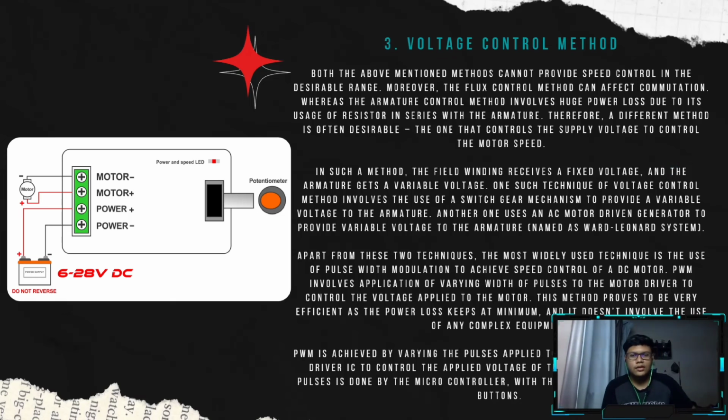In such a method, the field winding receives a fixed voltage and the armature gets a variable voltage. One such technique of voltage control involves the use of a switchgear mechanism to provide a variable voltage to the armature. Another one uses an AC motor driven generator to provide variable voltage to the armature.